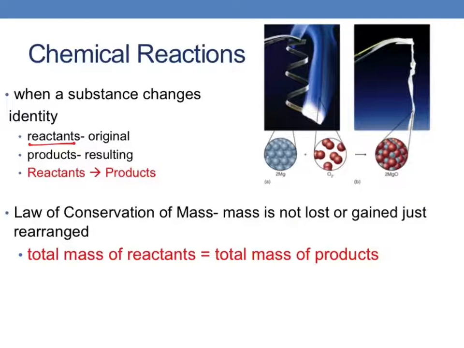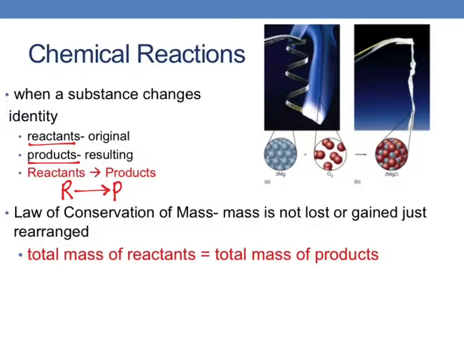That's what I'm originally starting out with. Now, what I get as a result of that, which would be the cake, is my product. So we always go from reactants, what we start with, to our products, what we end with. And I will do R and P just because it saves time writing.